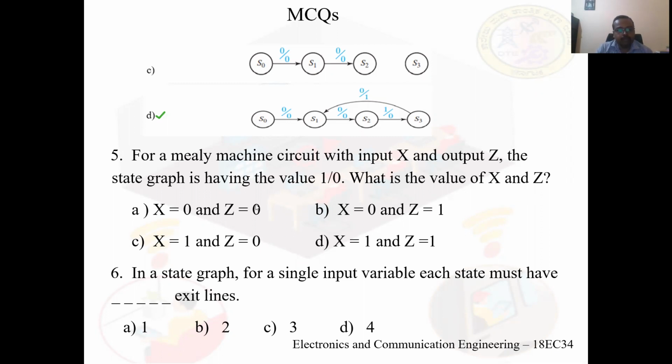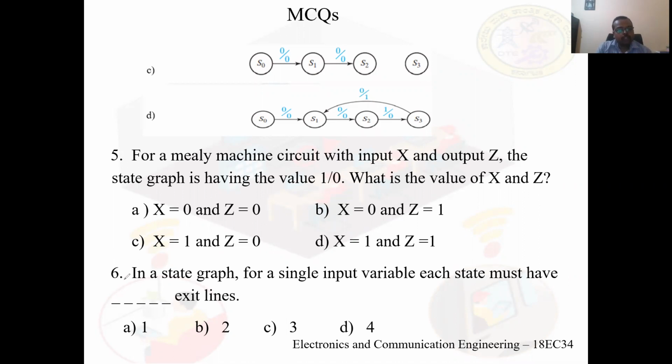So which is the right option for this one? Now, this is nothing but X/Z, so X is 1 here, Z is 0. The right option is C.